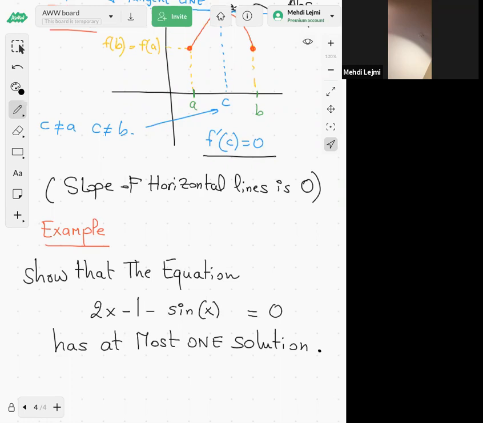So we have this equation 2x minus 1 minus the sine of x equal to 0, and we want to show that this equation has at most one solution.